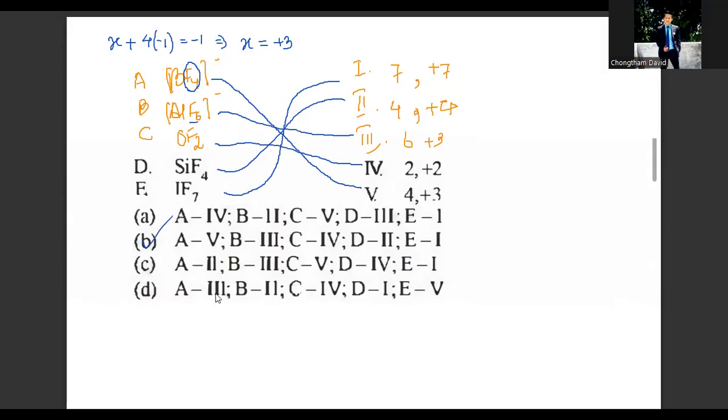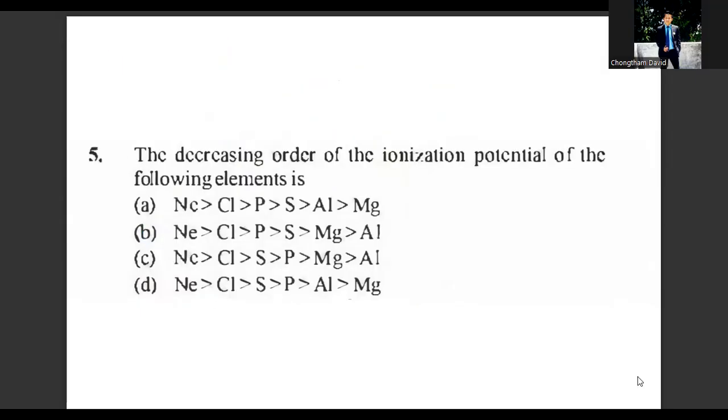Let us move on to question number 5. The decreasing order of the ionization potential of the following elements is. So neon, chlorine, phosphorus, sulfur, these are all the given elements. You have to arrange them in decreasing order of ionization potential. So closed shell neon has, and this half filled phosphorus, and this completely filled magnesium.